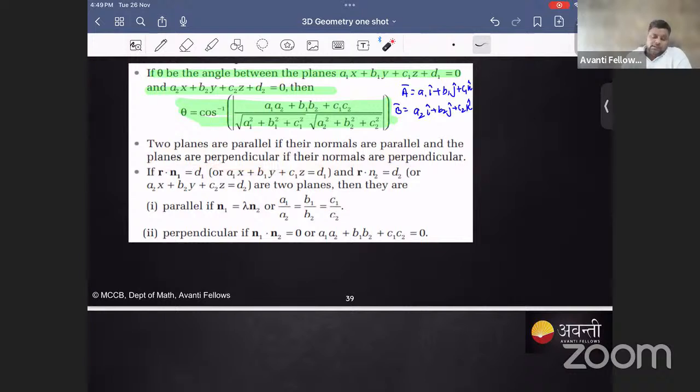So if r dot N1 is D1 and r dot N2 is D2 are two planes, then they are parallel if N1 is lambda N2, means A1 upon A2 is B1 upon B2 is C1 upon C2. And they will be perpendicular if N1 dot N2 is 0, means A1 A2 plus B1 B2 plus C1 C2 is 0.